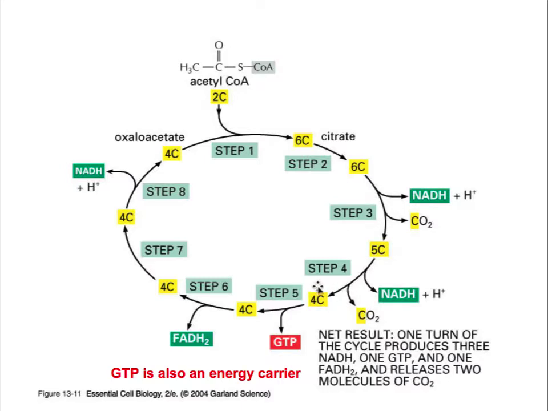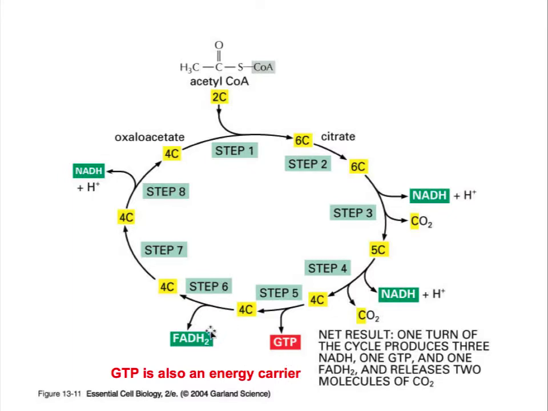But still, the molecule has some energy invested in it, and that energy is used to make ATP via GTP. So maybe this is the first time in this course that we have come across GTP, but just keep in mind that the GTP will then be handing its energy over to another enzyme, which makes ATP.